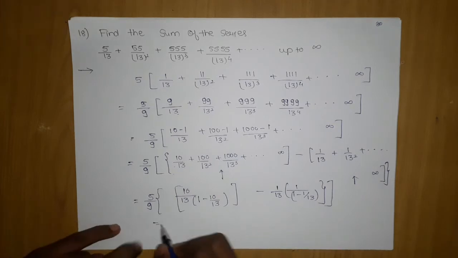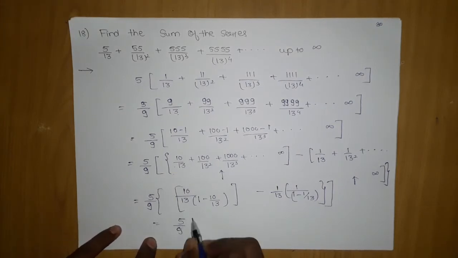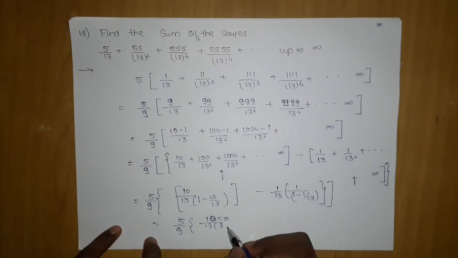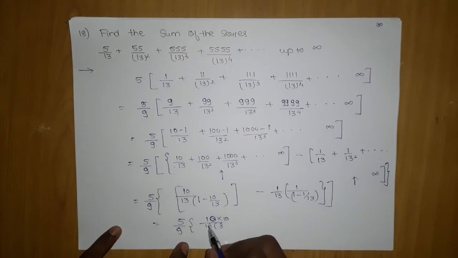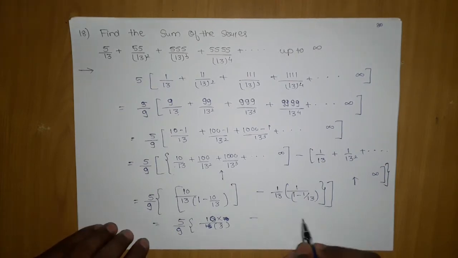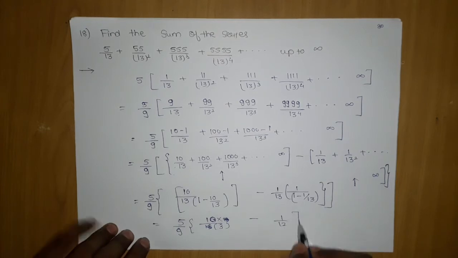After this, what we can do is 5 by 9, 10 upon 13 into 3 into 10. So 13 will cancel out, here it will be 3 only, 10 by 3, minus what we are getting further on: here 13 will cancel out, and 1 by 12 will be left.